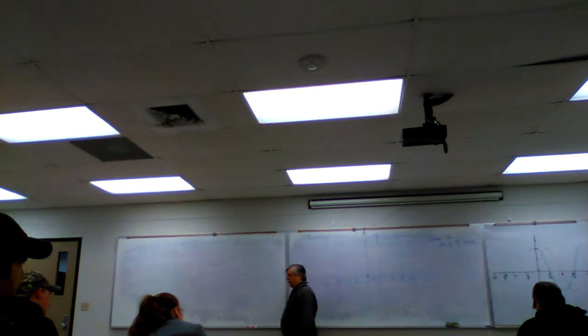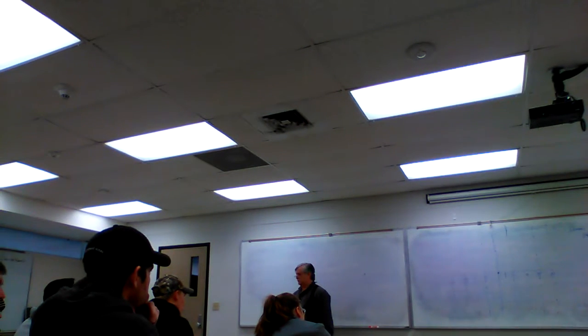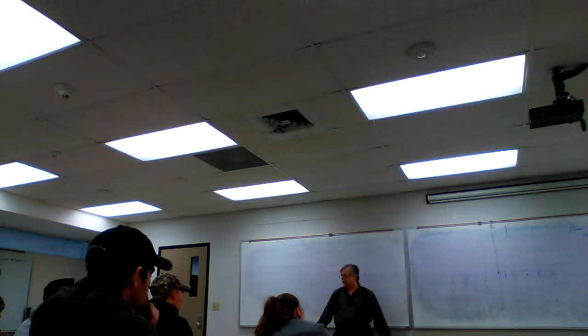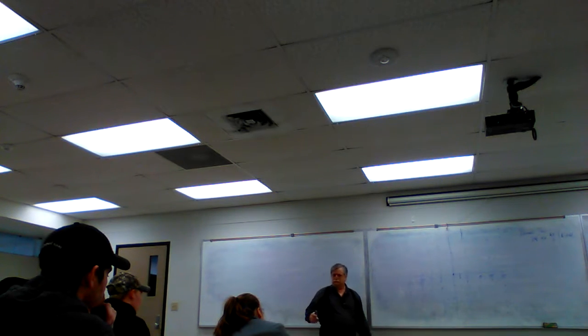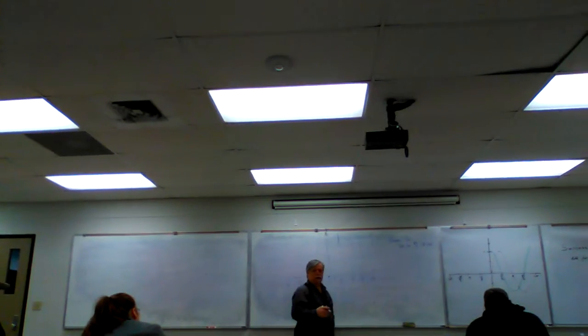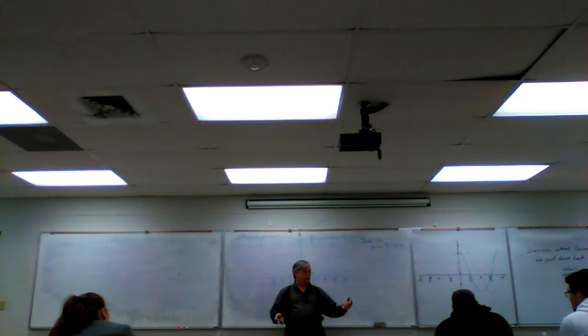What about at pi over 4? What's sine and cosine at pi over 4? Is it square root of 2 over 2, or 1 over the square root of 2? Point is, at 45 degrees, at pi over 4, sine and cosine are the same thing.